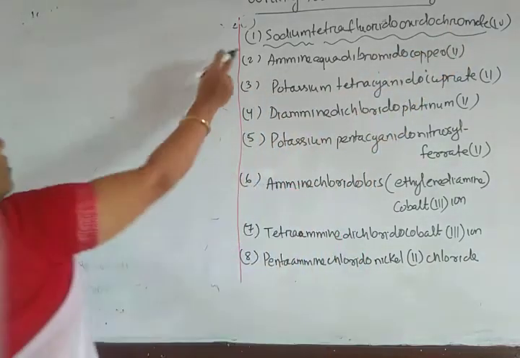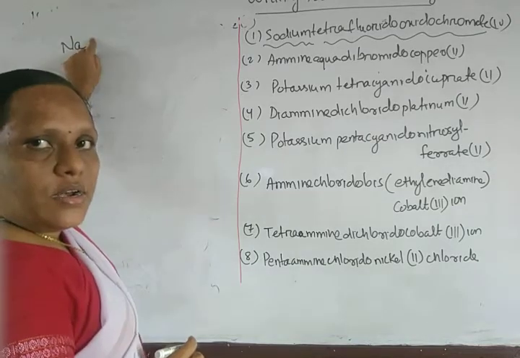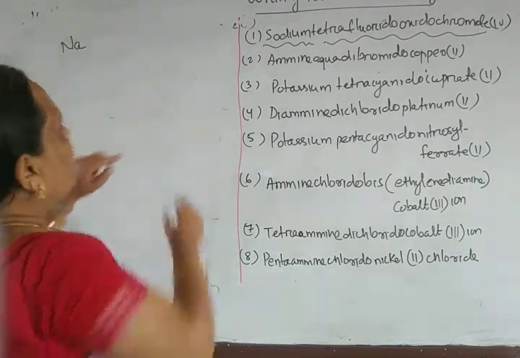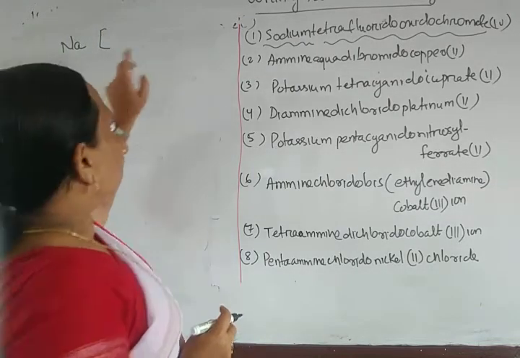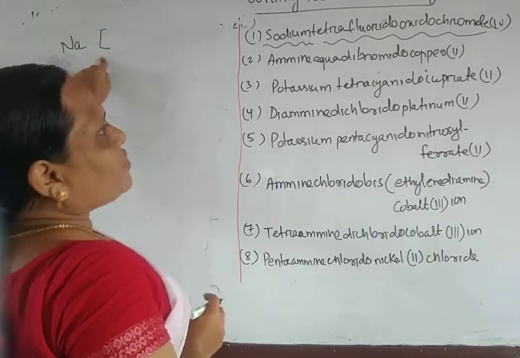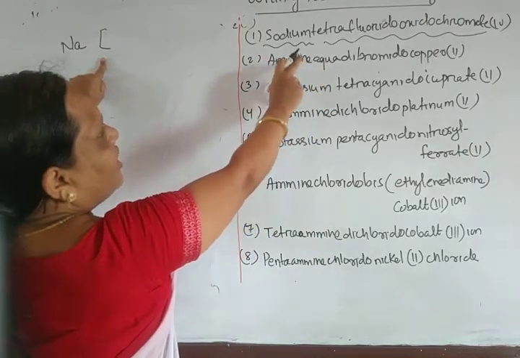So first the positive part, I am writing here sodium. And then for the complex part, I have given the square bracket. The complex part should be written in square brackets. Sodium tetrafluorido, oxido.